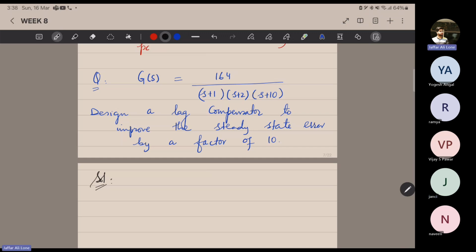See, if you are talking with respect to your assignments, then... No, no, I'm asking in general how to proceed with complex numbers. We have plotted root locus for complex poles as well.